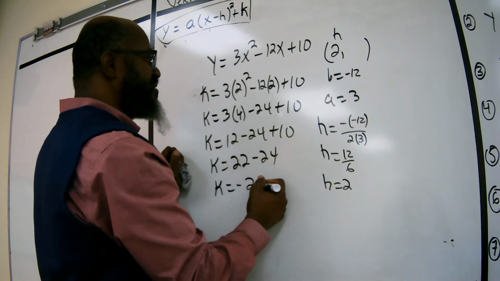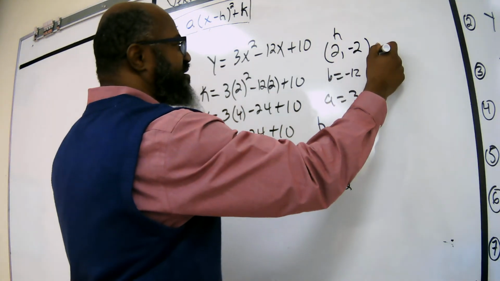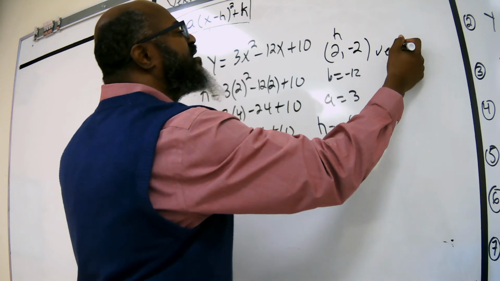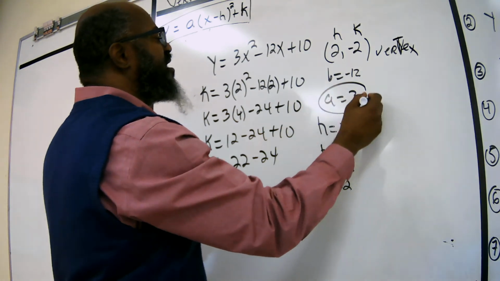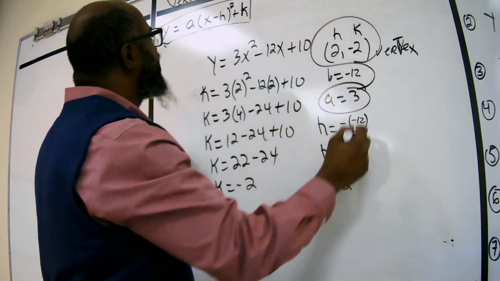In this case, k is negative 2. This is my vertex. This is my k, and my a. Those are the three things that I need to put in vertex form.